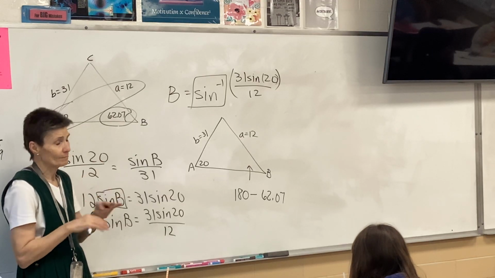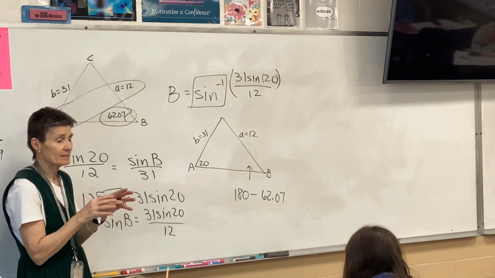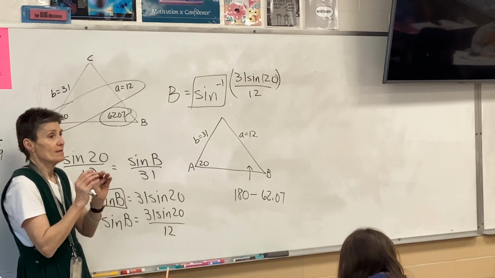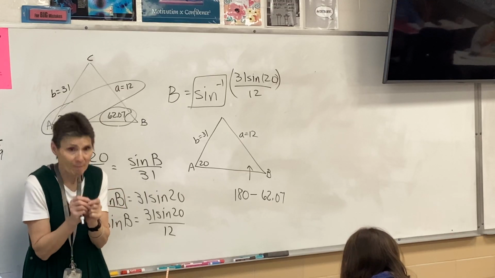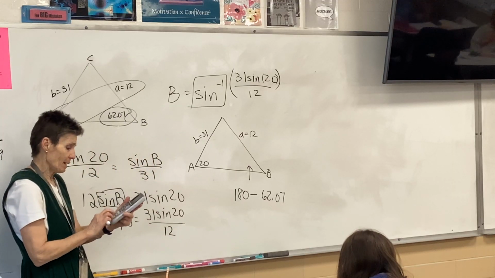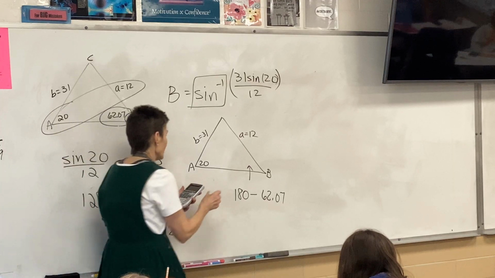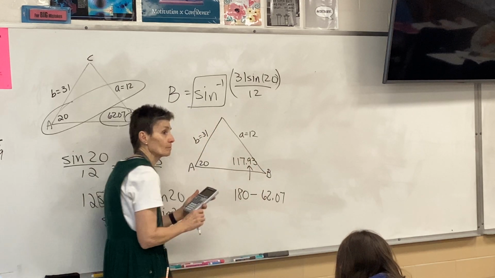I'm not going to try to explain it. It's not bad, it's pretty easy to explain, but just know, if there is another angle, it's 180 minus the first one, okay? So what would that be? 180 minus the first one is 117.93.